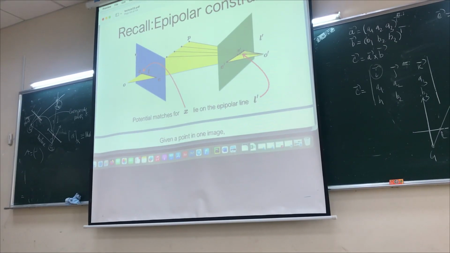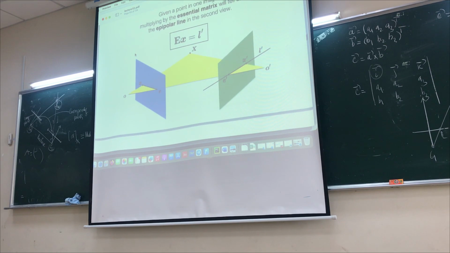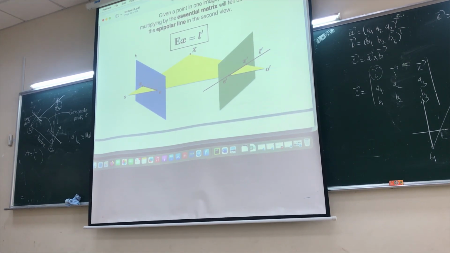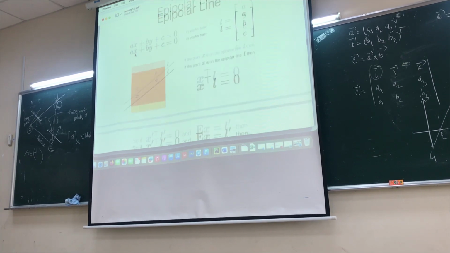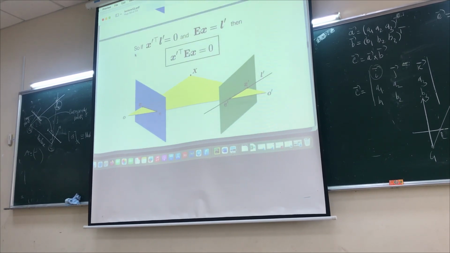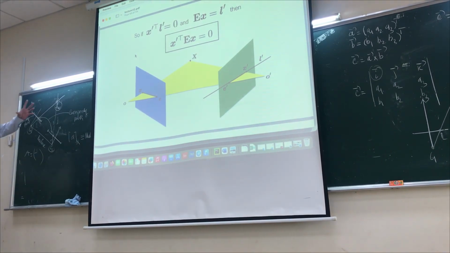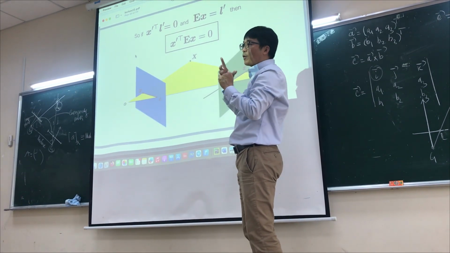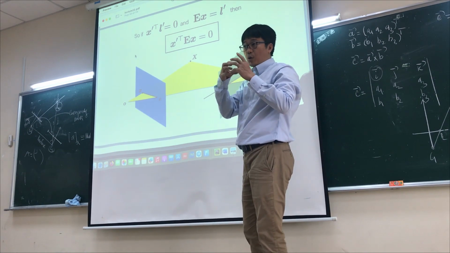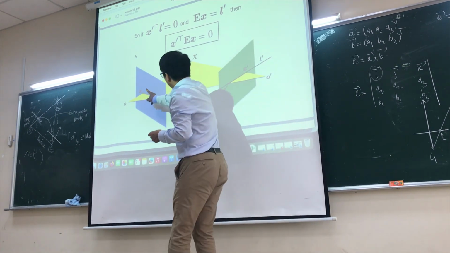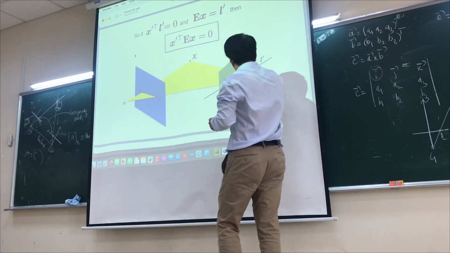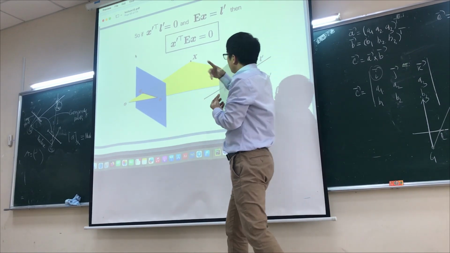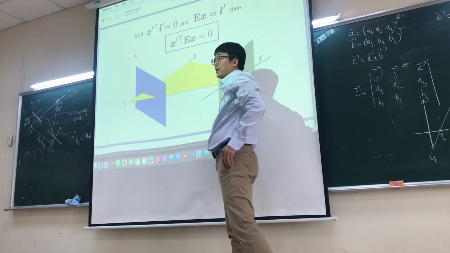We had a constraint about the epipolar line. Now, what does it mean? I showed you the result, and then we have to rewrite the result here. They discovered the constraint between 2 points, on left and on right, related by a matrix called matrix E, a 3 by 3 matrix.